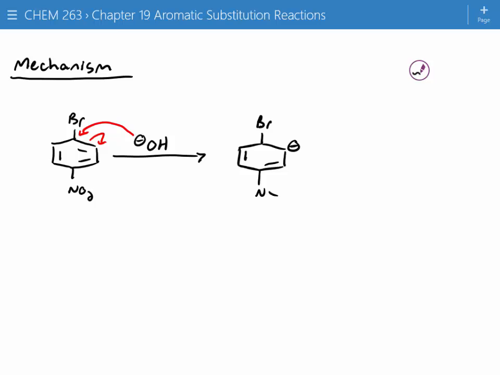Actually, let me draw out all our bonds for this step. This looks pretty unstable, right?